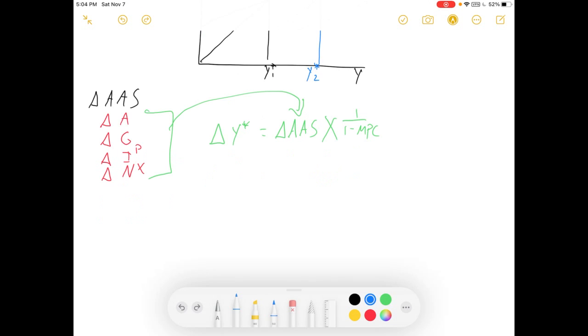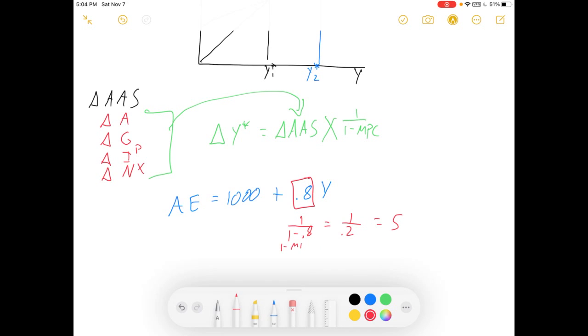So, for example, say we have an aggregate expenditure function that is 1,000 plus 0.8 times Y. Well, we know that the slope of this function is the MPC. That's the MPC. So our multiplier, 1 over 1 minus 0.8, is 1 over 0.2 equals 5.